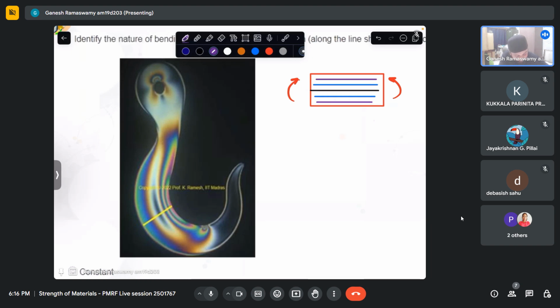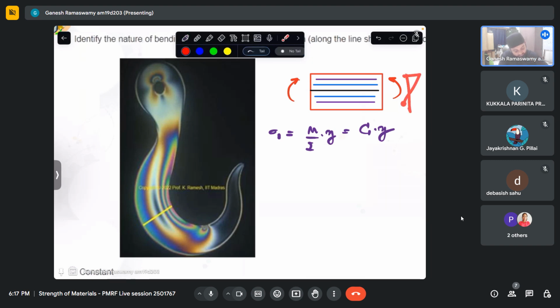But one thing we saw is that it was equidistant from the center, because sigma 1 is nothing but M by I into y. That is some constant c into y. So it has a linear variation across the depth. As I increase y, my stress varies linearly, so the stress variation will be linear like this. It will just be a triangle.